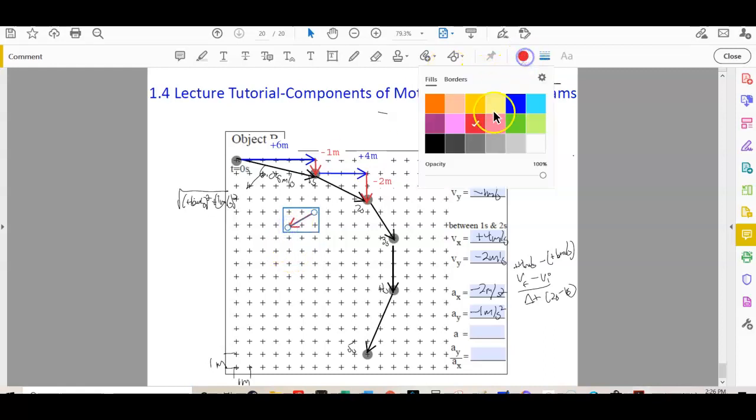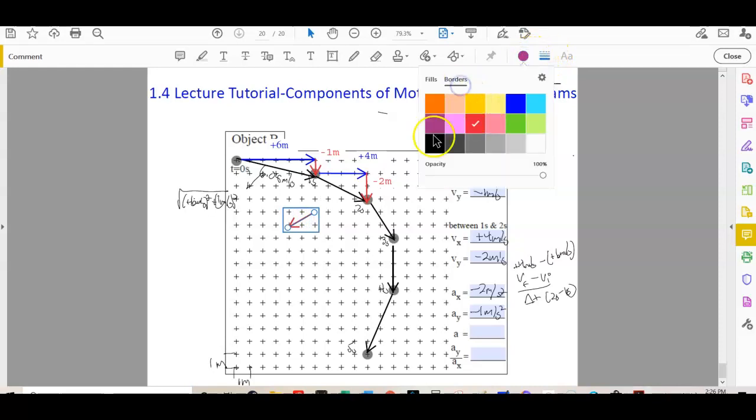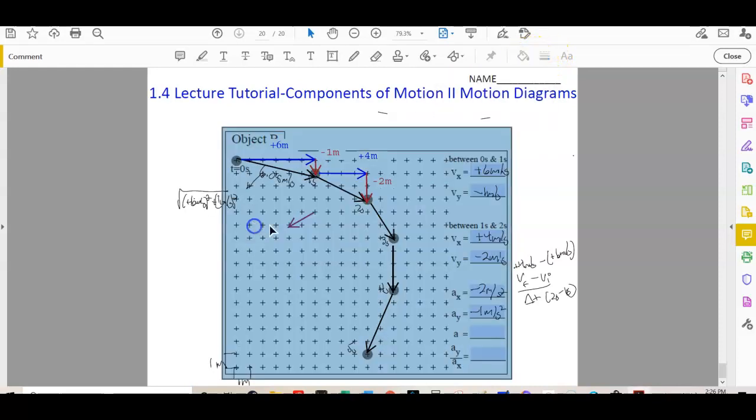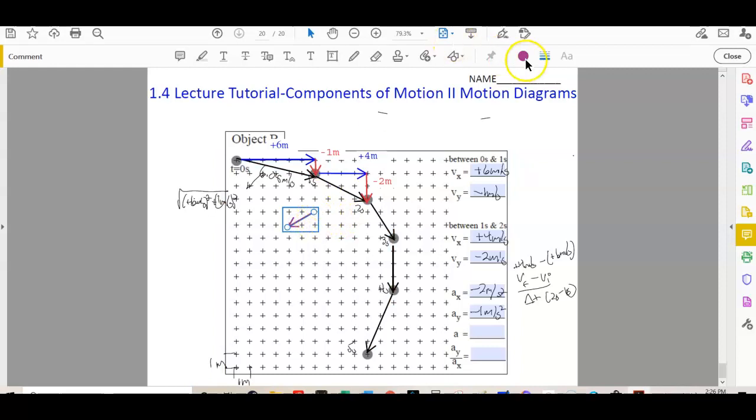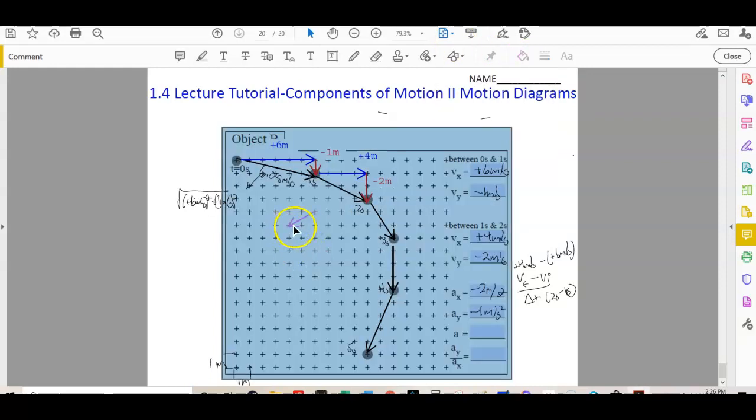So I'm going to use purpley. Is that purple? Would you call that purpley? That looks a little too close, so I'm going to use pink. All right.